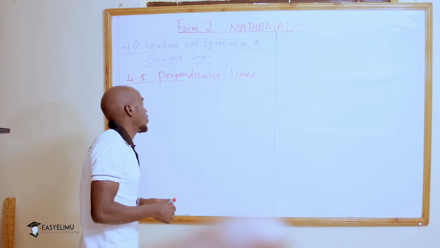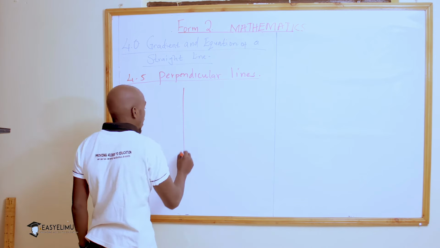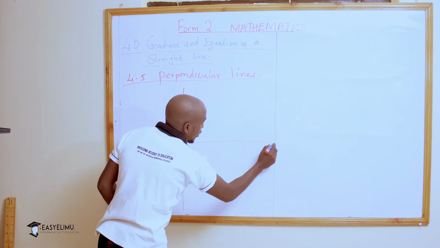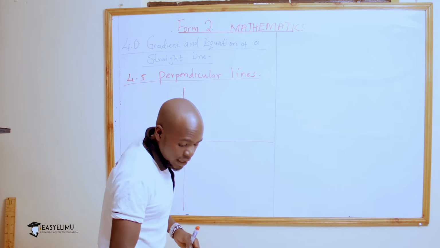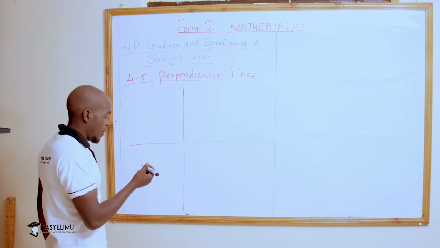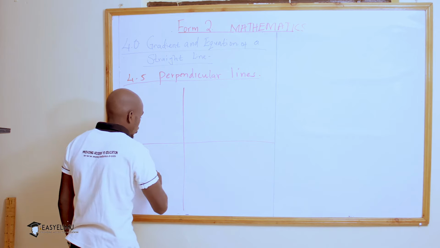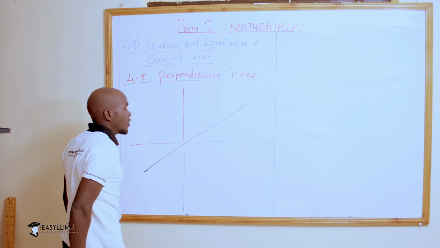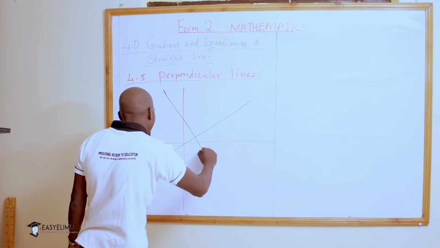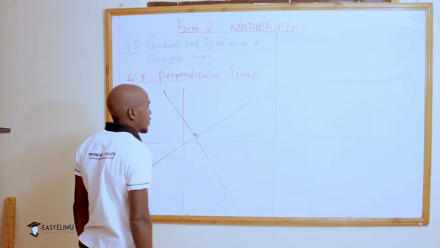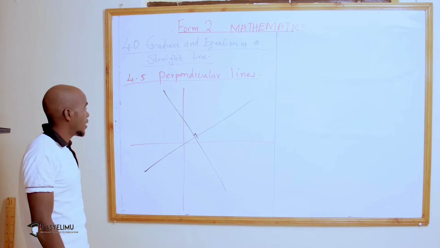Under perpendicular lines, you will find that in case you have a Cartesian plane of this sort, there are some lines running in different directions. You may find one line running that way, another one cuts it at 90 degrees, but it's still a straight line.